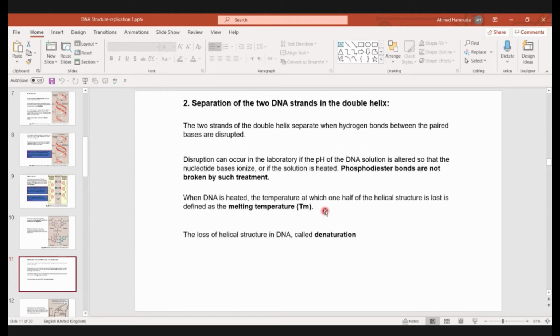And when the DNA loses its helical structure, we call it denaturation. So is it a denaturation like protein denaturation? Denaturation is just when the DNA loses its helical structure, and the melting temperature is the temperature where half of the helical structure is opened.